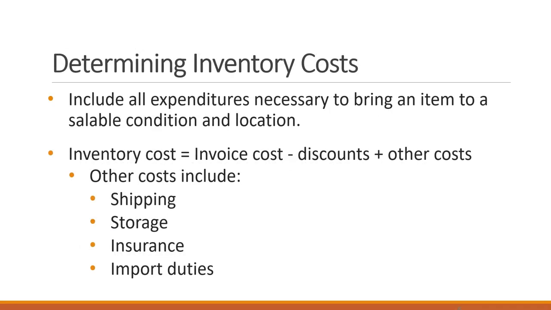When we're determining what our full inventory costs are, we can include any expenditures necessary to bring an item to its sellable condition and its location. So we can include the full cost of inventory, shipping, storage, insurance, and any import duties we might have to pay if we're buying things internationally.